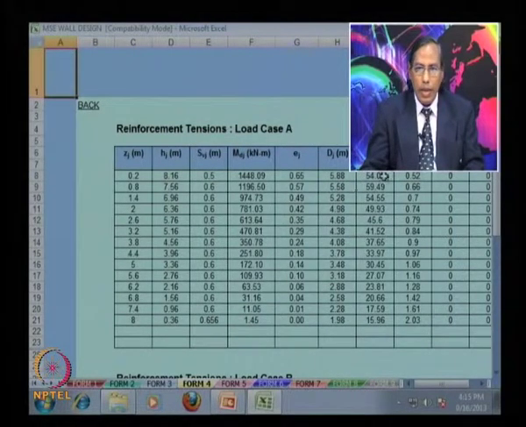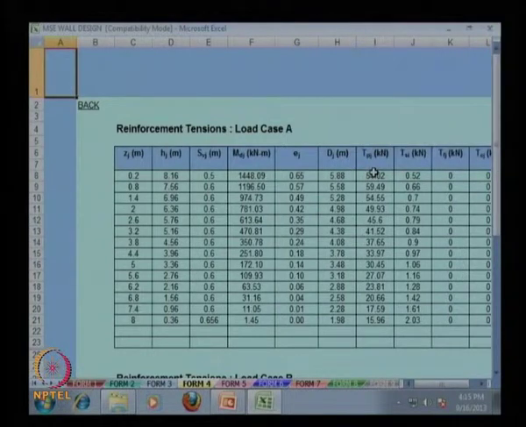And here is the Tpj, that is the tensile force per meter run. Then Tsj, that is the tensile force due to the vertical load. So this is what you can calculate.